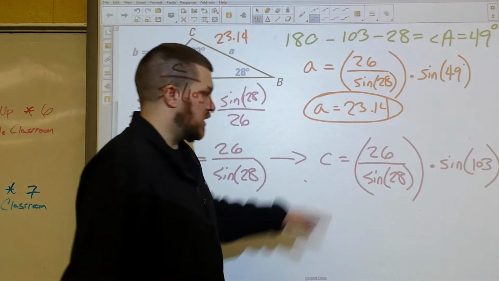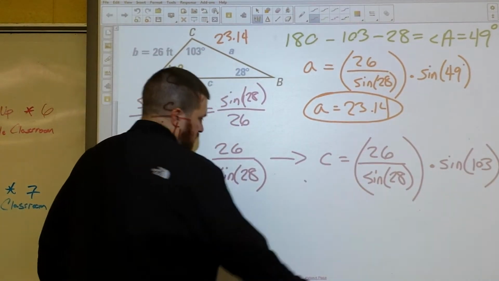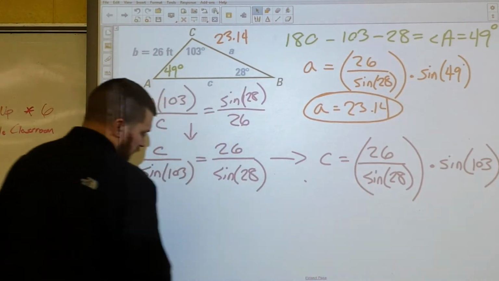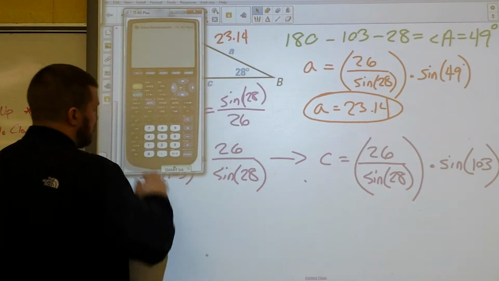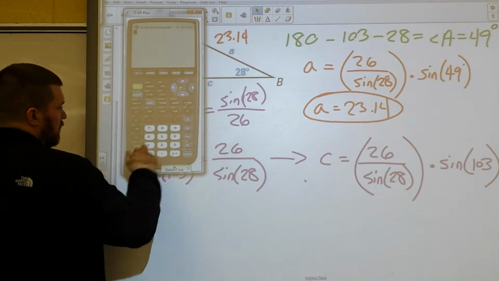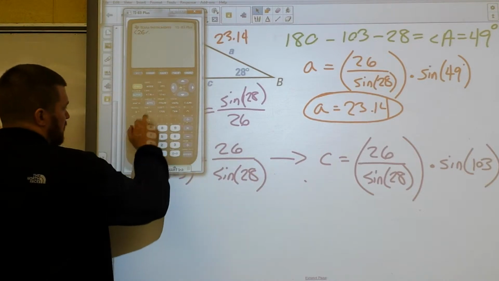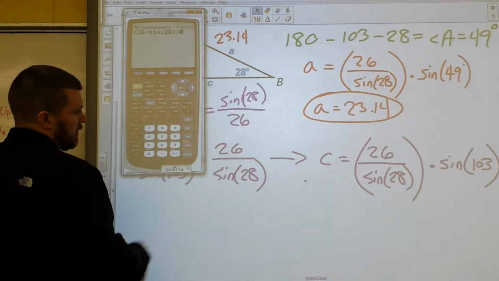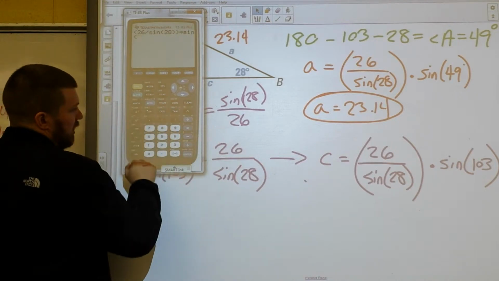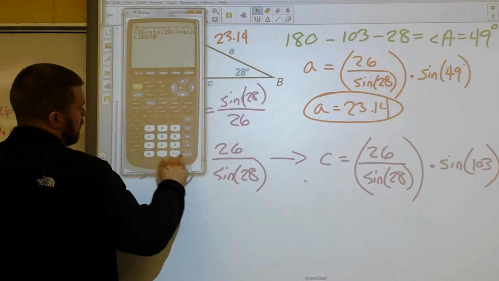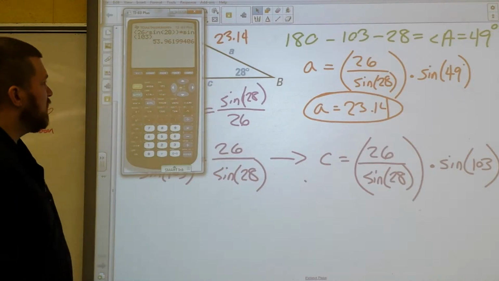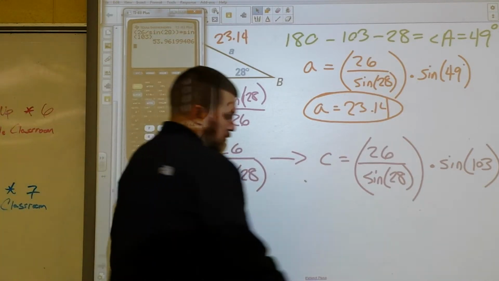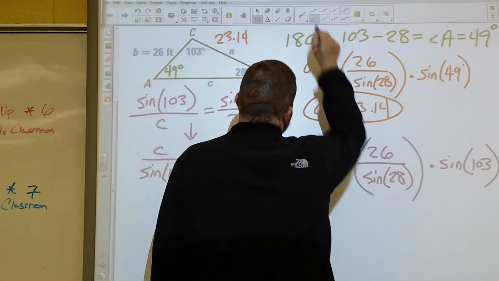Okay, and I'm still in degree mode, so I'm going to type this in my calculator exactly the way it looks with all the parentheses and everything. So I have parentheses 26 divided by sine of 28, close the parentheses twice, because that's what we did here, times the sine of 103. And I get about 53.96. Again, I'm going to go 2 decimal places.